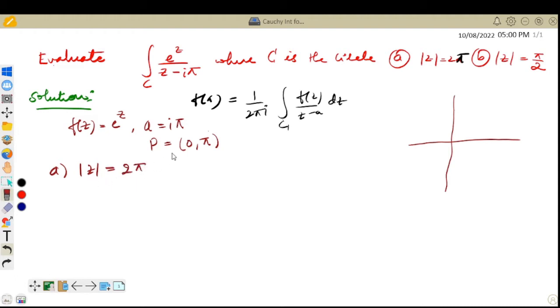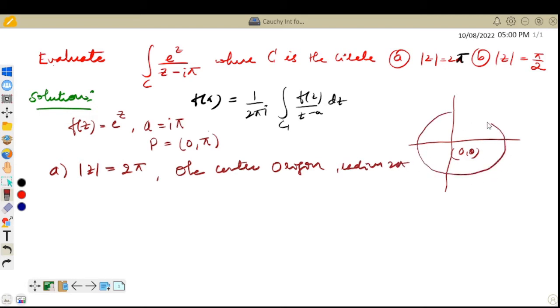So what does this represent? It represents a circle with the center at origin, and the radius is 2 pi.